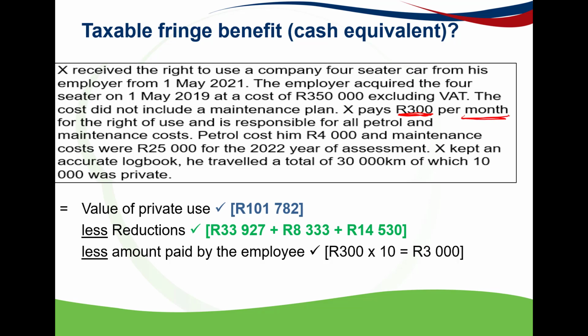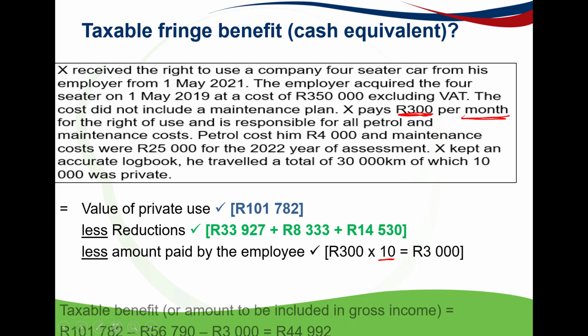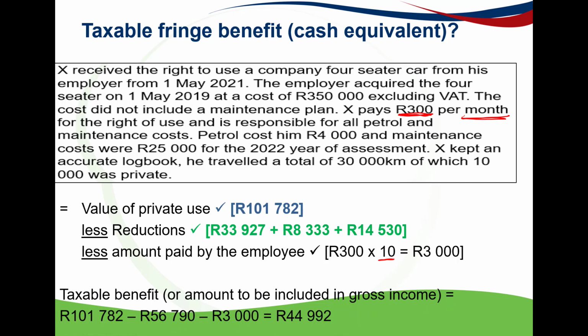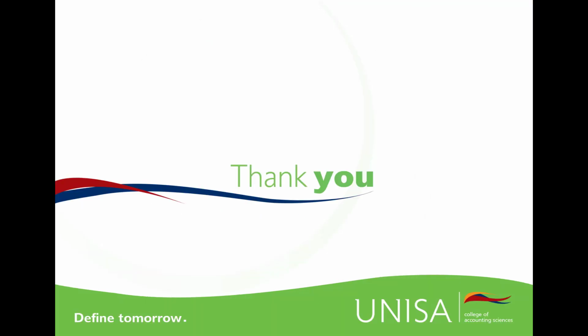So you will just need to multiply it by 10 to get to an amount of 3,000, right? And then the net of that will give you a taxable fringe benefit amount of 44,992 as the amount that should be included in the gross income of the taxpayer. That brings me to the end of this example. Thank you.